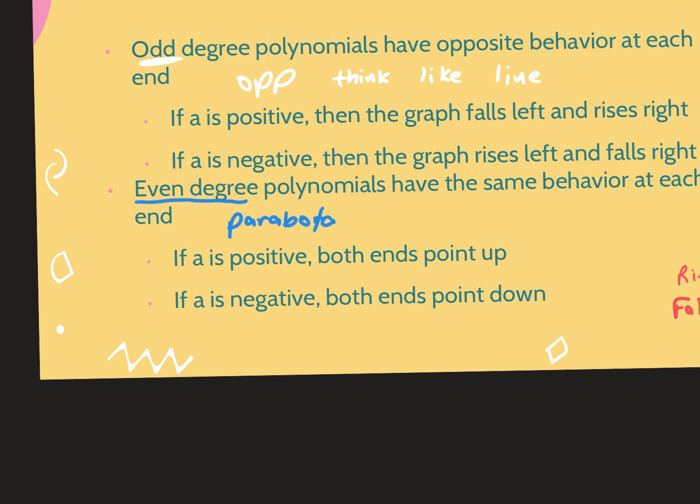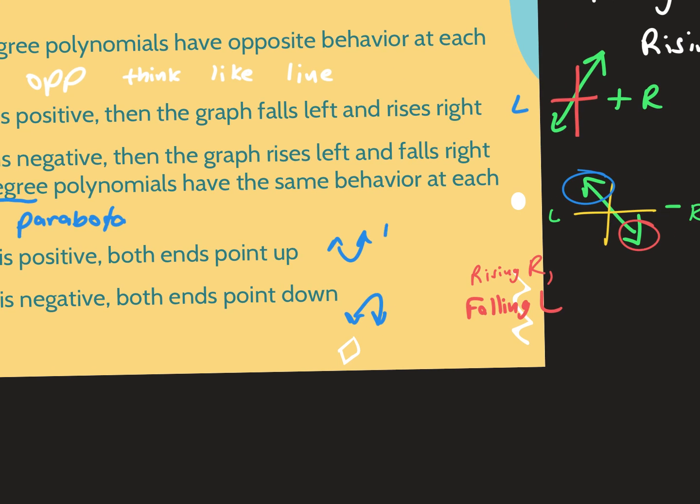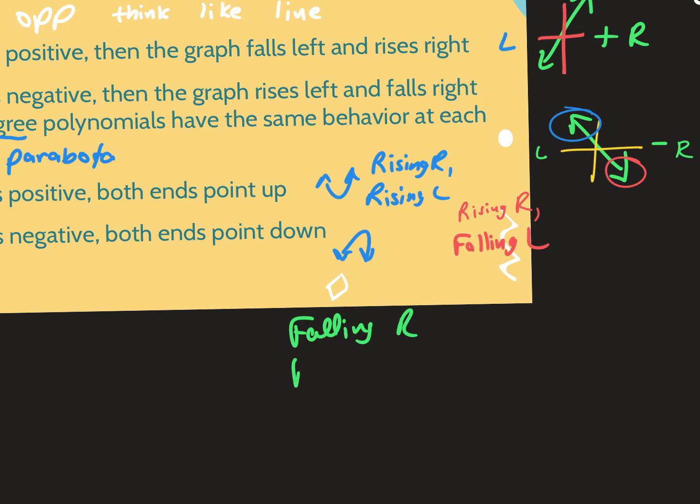So if it's positive, what's your end behavior? Both going up. If it's negative, what's your end behavior? Both going where? If it's positive, your end behavior would be rising right and rising left. If it's negative, it's going to be falling on the right and falling on the left.